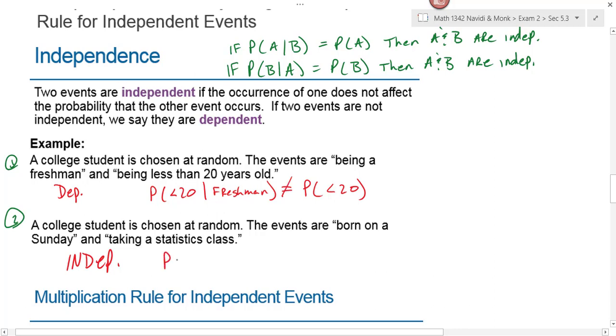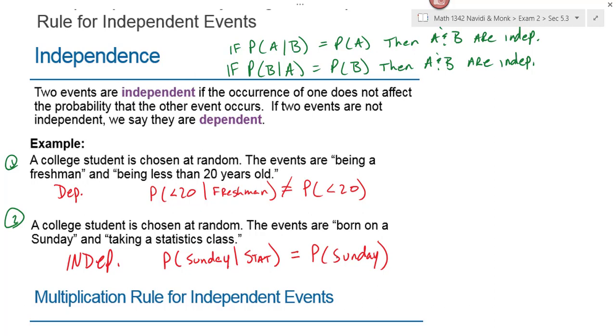However, the probability that you're born on a Sunday, given that you take a statistics class, that's probably going to be the same as the probability that your just randomly selected person is born on a Sunday. Because we don't restrict enrollment in statistics to people who are only born on Fridays or born on Tuesdays or whatever. Does that make sense?